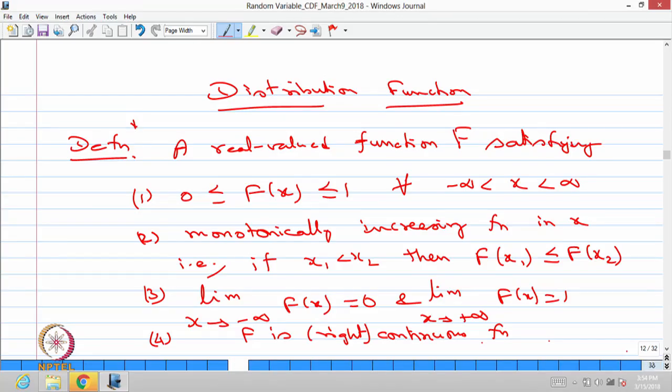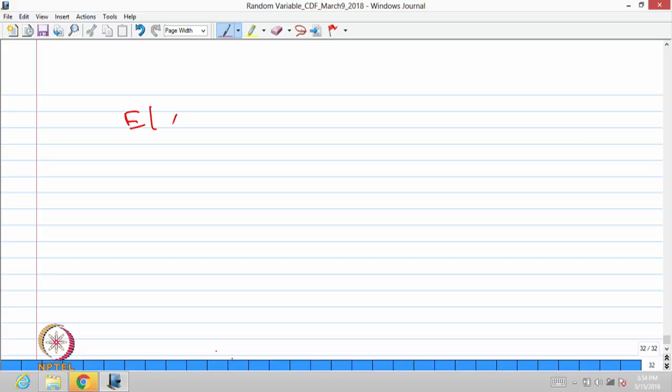Similarly, if you compute the expectation of x square, nothing but the integral from minus infinity to infinity of x square times f of x dx, after some simplification you get mu square plus sigma square, substituting f of x as 1 divided by sigma times the square root of 2 pi, e power minus 1 by 2 times (x minus mu by sigma) whole square.